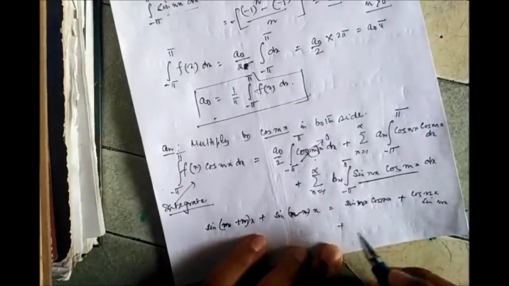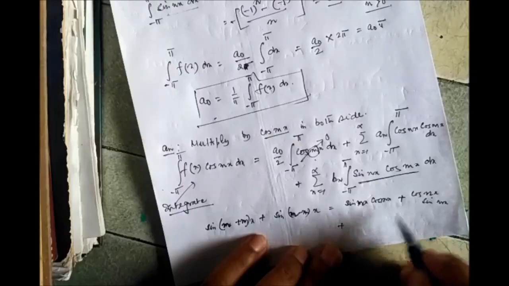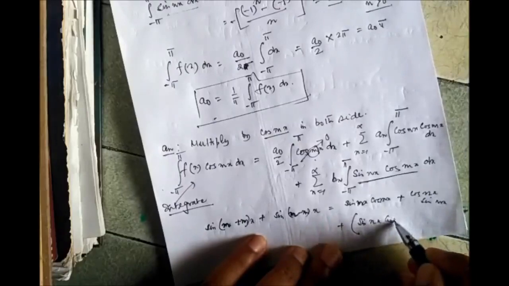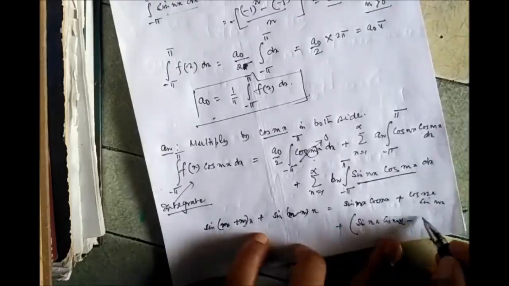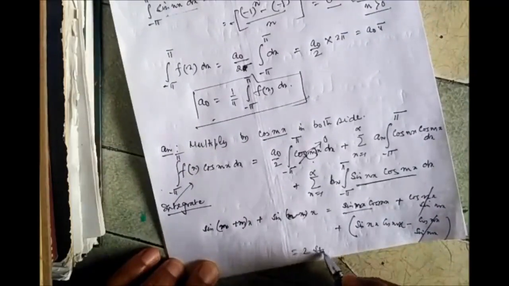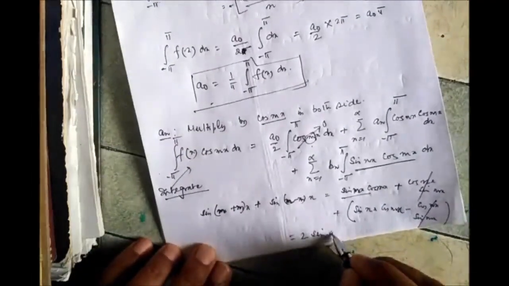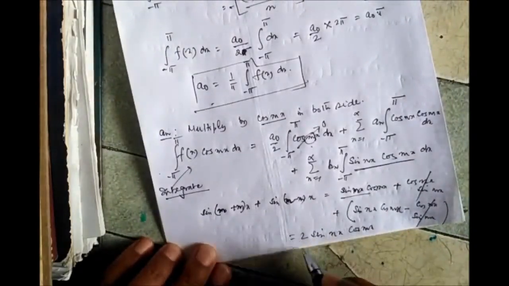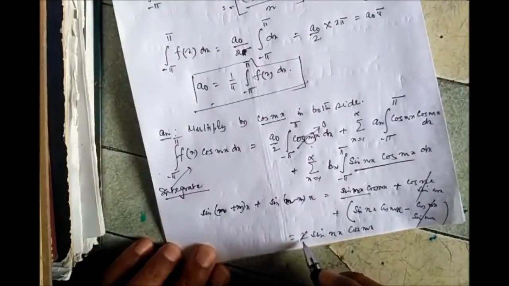The second term will be the same, only the minus sign will be there: sin nx cos mx minus cos nx sin mx. This will cancel out each other. So this will be 2 sin nx cos mx. So the value of sin nx cos mx will be half of this.